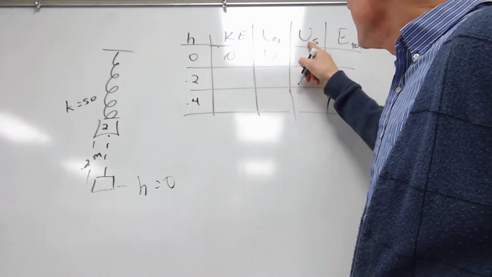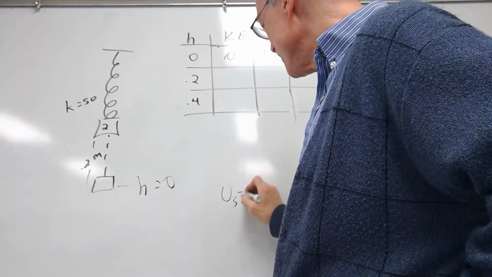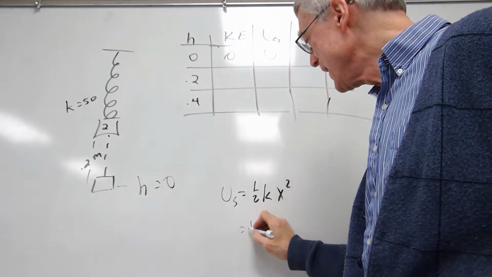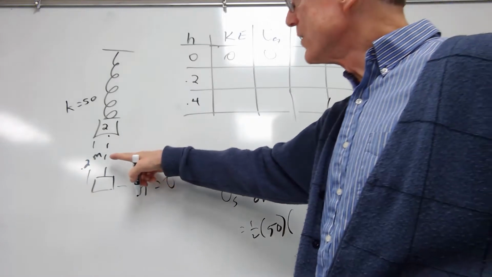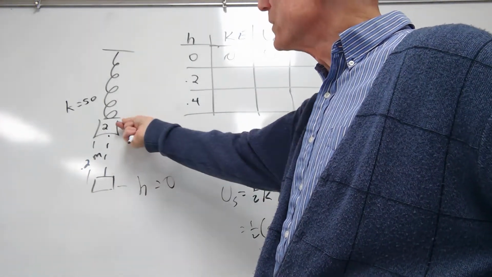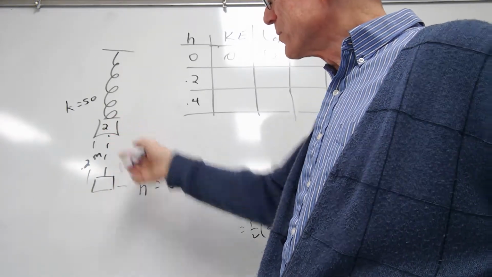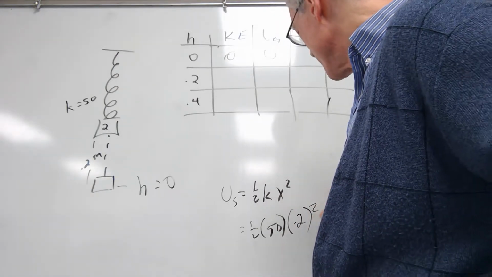And then US is not 0 though. US is 1/2 kx squared, where the K we know is 50, and the x we know is the distance it has been pulled down from its equilibrium spot. That's what x is. It's the amount the spring has stretched from equilibrium, and that's 0.2. And that's squared in the equation.